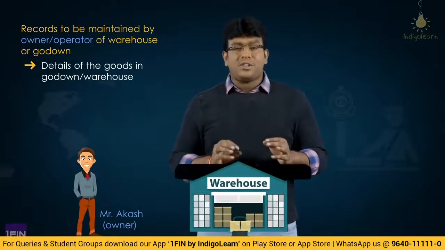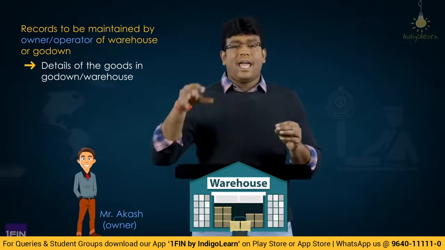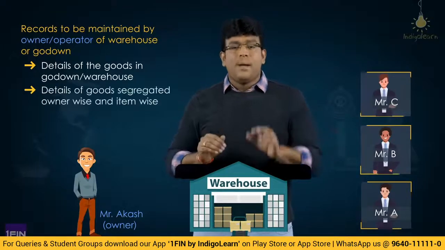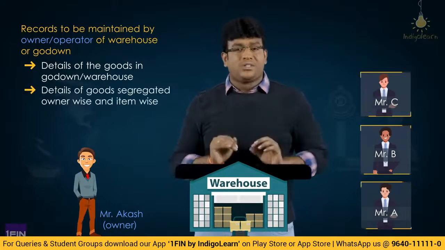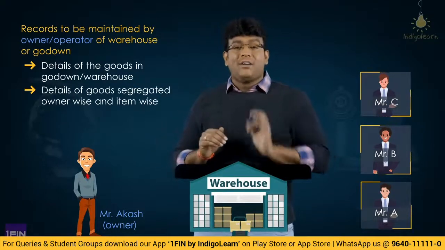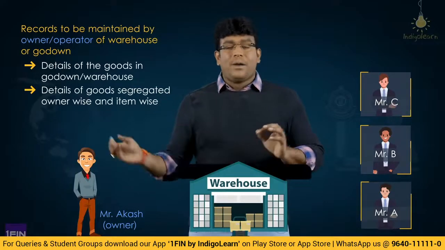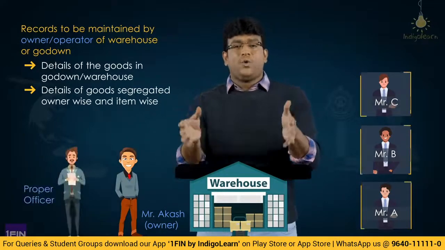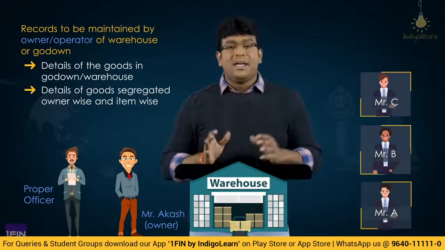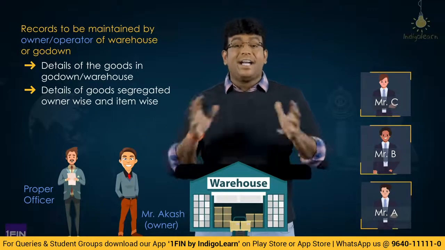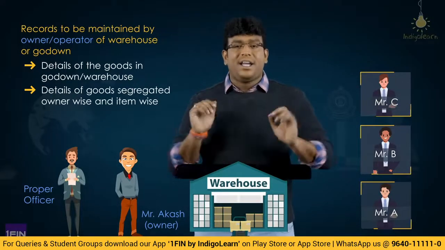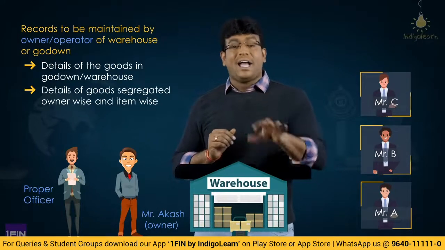In Akash's warehouse, there are goods belonging to Mr. A, B and C. Now, Akash should clearly segregate the goods belonging to A, B and C. He should separate the goods owner-wise and also item-wise, so that tomorrow when the proper officer wants to come and inspect the goods in the warehouse, he should be in a position to identify them easily. So in the warehouse, it is important that the goods are segregated owner-wise as well as item-wise.